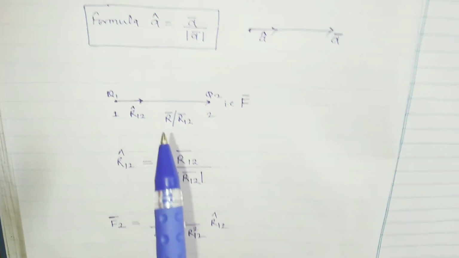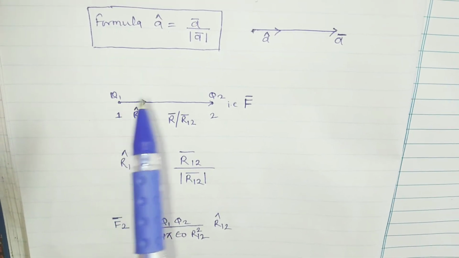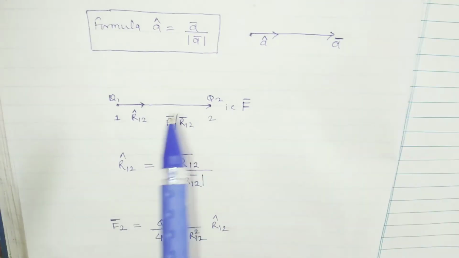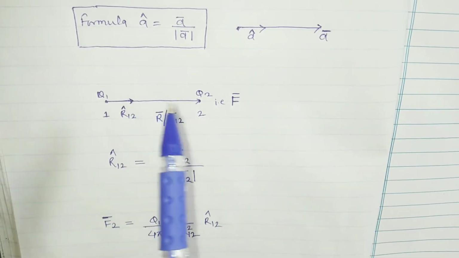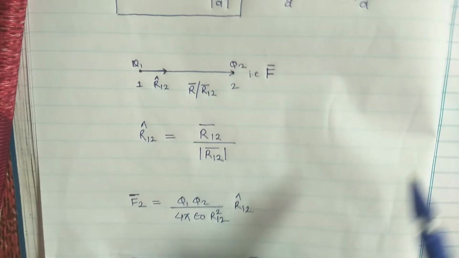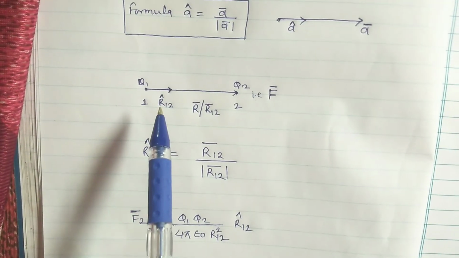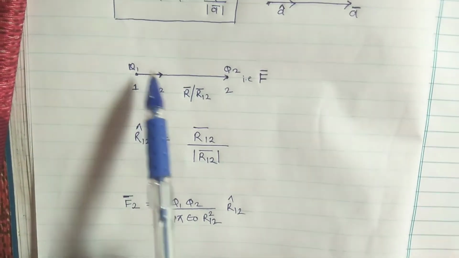Suppose q1 and q2 are the two charges connected with this vector. Then a bar is a vector and r12 cap is its unit vector, right?